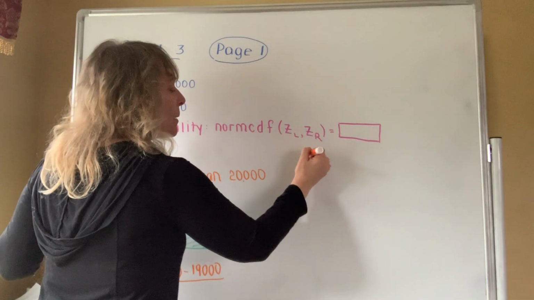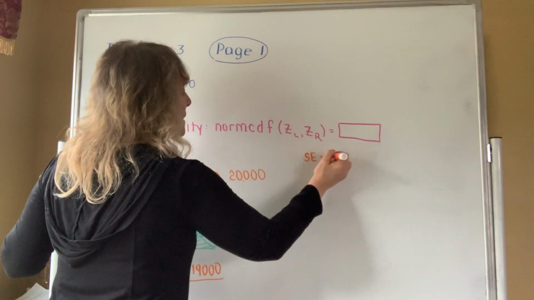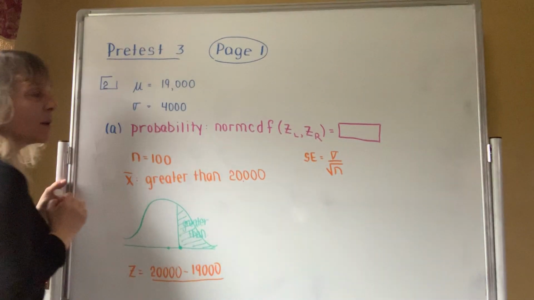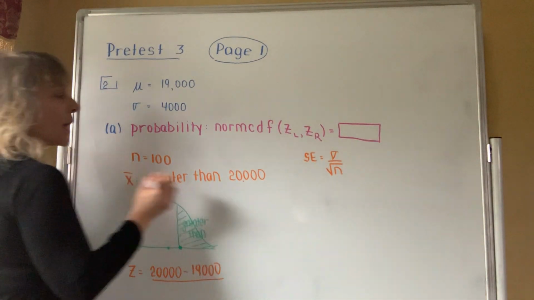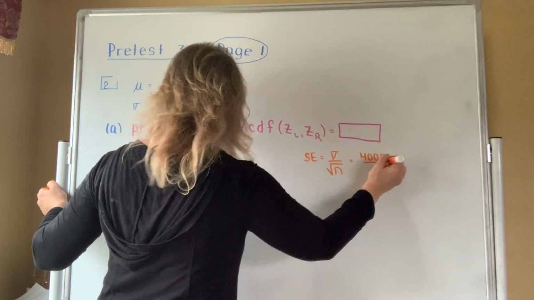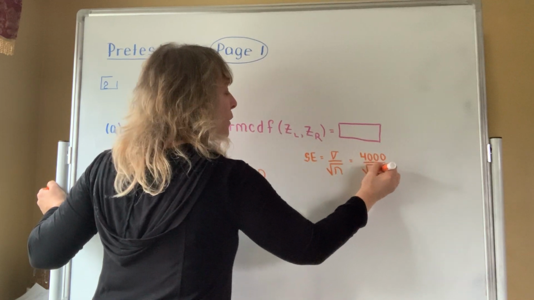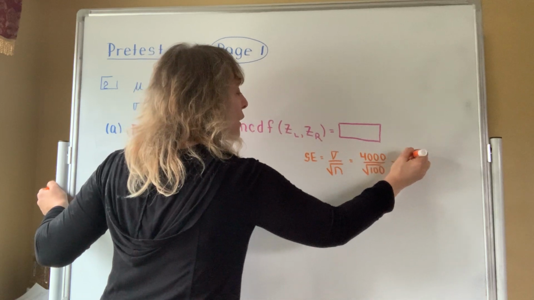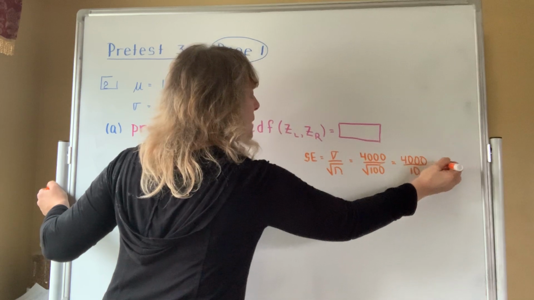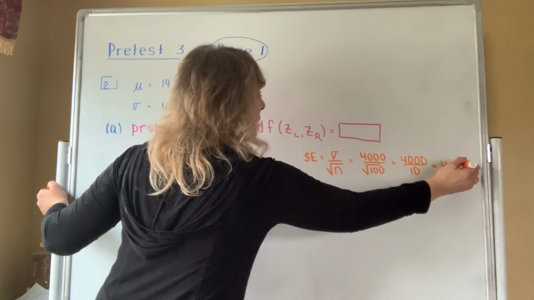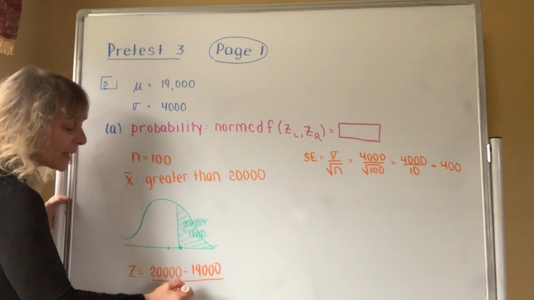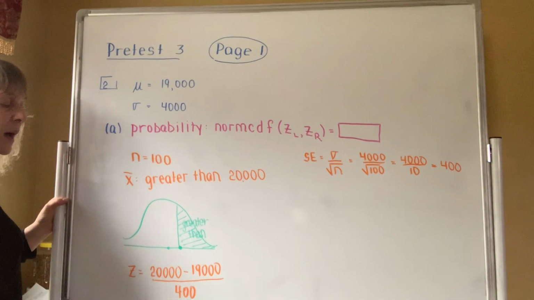To find your sampling error, you take the population standard deviation and divide by the square root of the sample size. Well, they give you this as 4,000 for the numerator. They tell me that the size of the sample is 100. But you know when you take the square root of 100, you get 10. Now you may use your calculator, I don't mind, but if you knew what 4,000 divided by 10 is, you could just do it, and it's 400. The sampling error is what goes at the bottom.